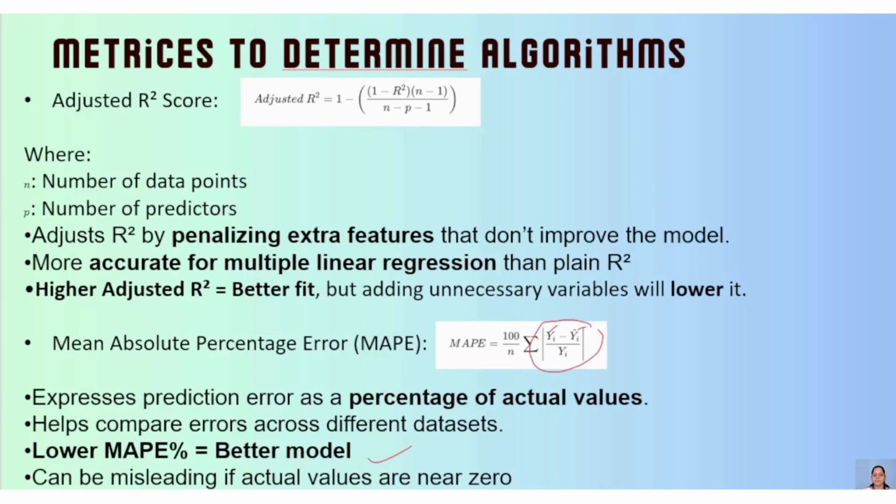Sometimes, if you have a data set where the actual values are very minimal, like 0.0001 or 0.3 when scaling down, then in those cases this kind of metric will be misleading, and it might give you the wrong output.